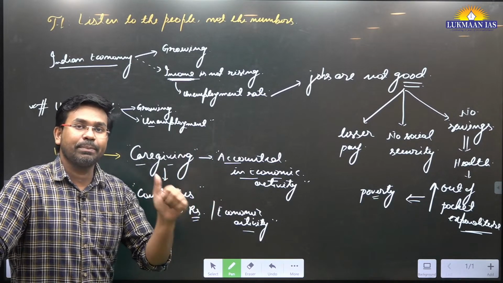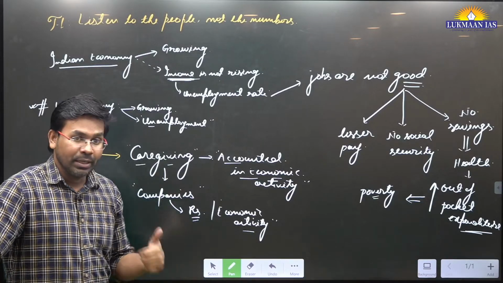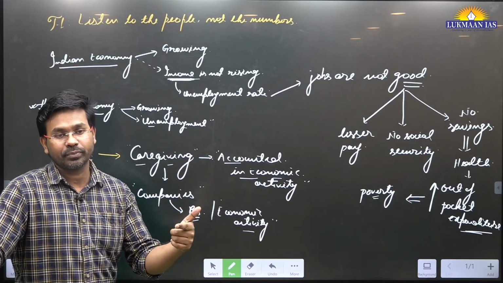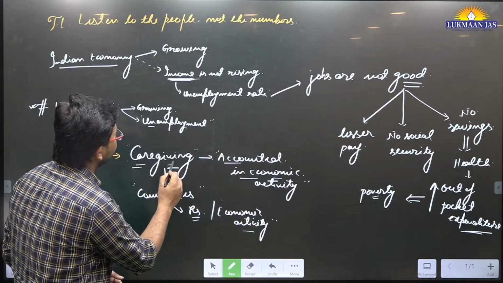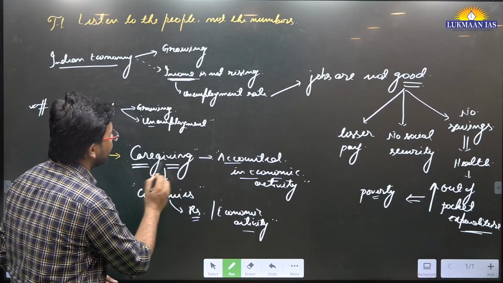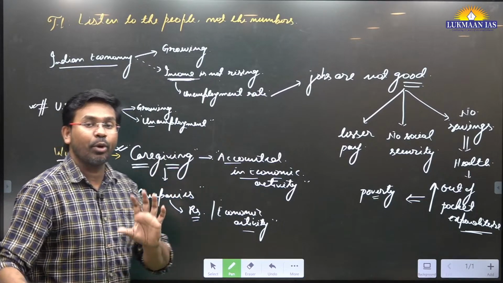So the author says that policy makers in India who are making policy for the economy should listen to these people. Why? Because these people were earlier involved in caregiving activity, and they are still involved in it, but their caregiving activity is not accounted in monetary terms.